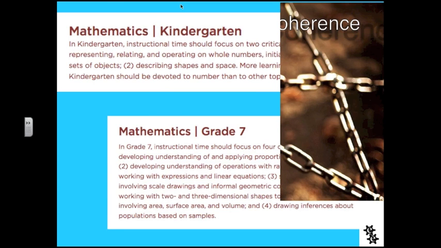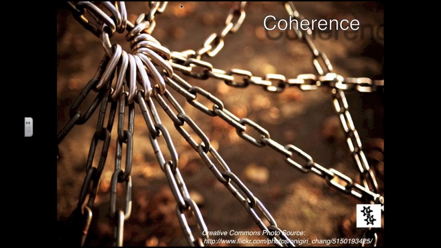The second shift calls for more coherence. The expectation is that the grade-to-grade progressions make sense. A lot of times what doesn't happen in our planning work and in our curriculum work within our schools is any sort of vertical conversation between grades 1 and 2, or grades K, 1 and 2, about what it's going to look like, or between grades 6, 7 and 8 and how the standards progress.